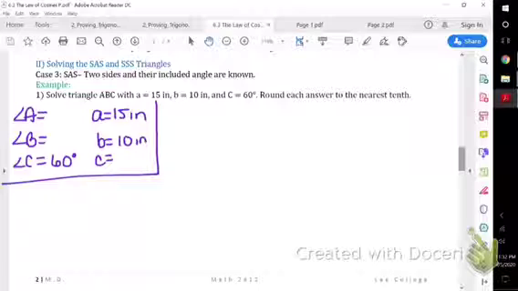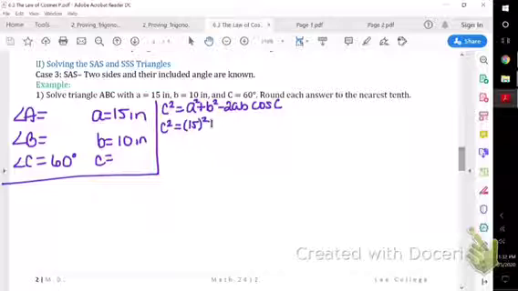So let's start then with side C. We know our formula for side C is C squared equals A squared plus B squared minus 2AB cosine of angle C. And so I'm going to plug in what I know. I'm looking for side C. I know A is 15, B is 10. So I'm going to plug those in both times here.